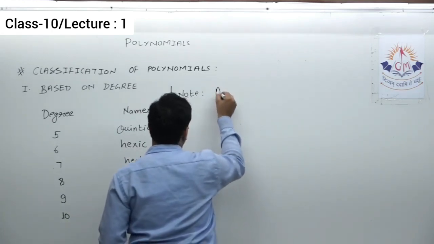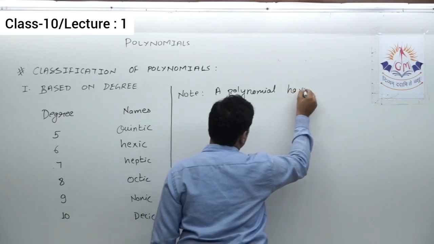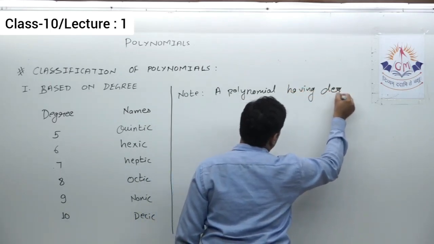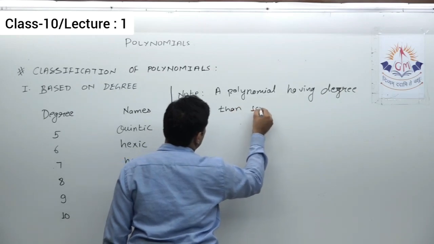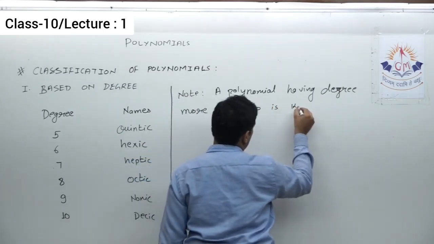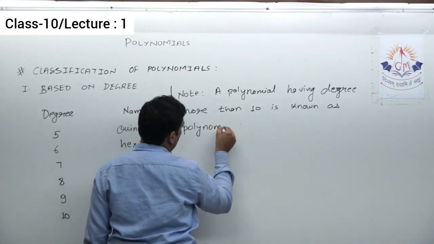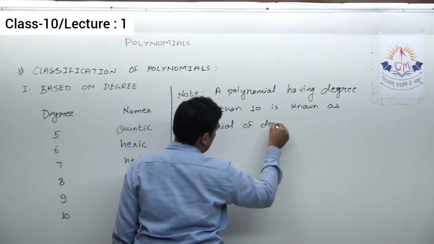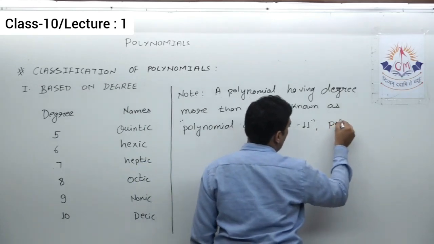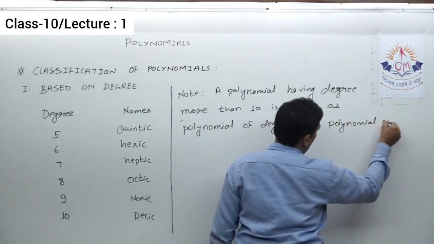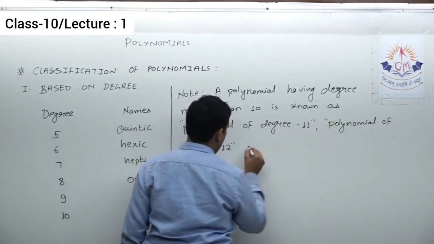Okay, so a polynomial having degree more than 10 is known as polynomial of degree 11, polynomial of degree 12, and so on.